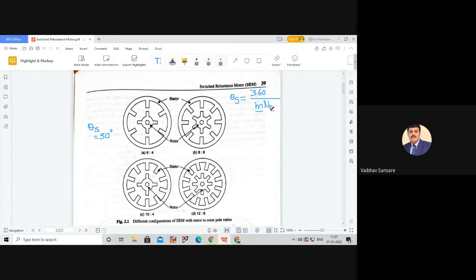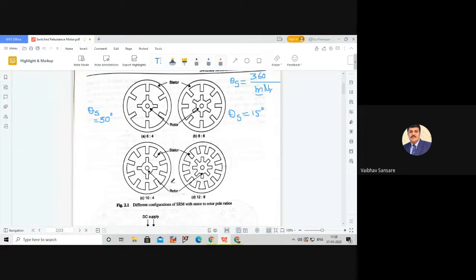And 360 divided by 24 comes to 15 degrees. So for the second configuration, the 8 by 6 configuration, the step angle is equal to 15 degrees.